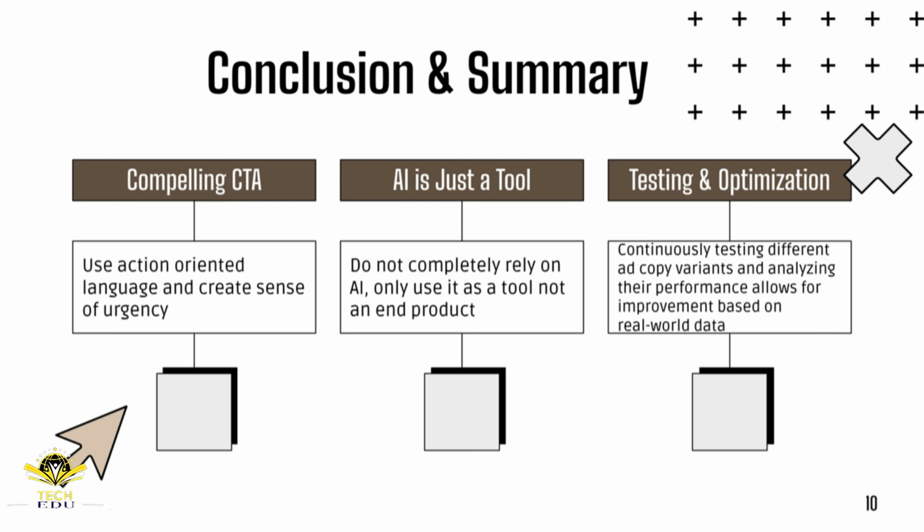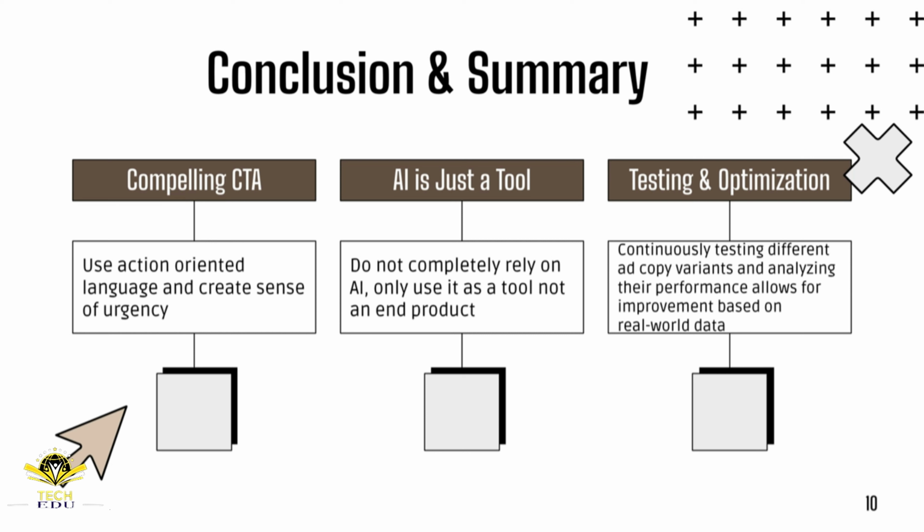What's going to happen is, when people see the ad where the 50% discount is going to end tomorrow, most likely they're going to take actions and purchase the product because they know that tomorrow they're not going to be able to purchase the product at the lower cost, right? So obviously they will take actions. Those are two major things that you need to take into consideration when it comes to creating and designing compelling CTAs or calls to action.